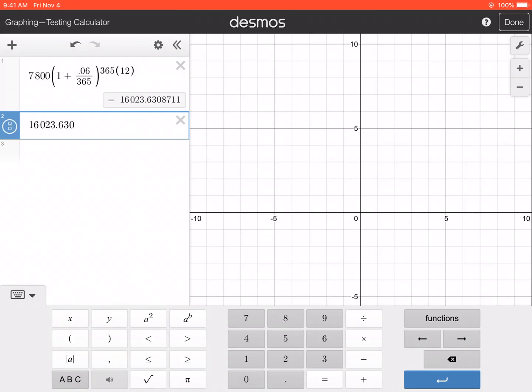Okay, money goes out 2 places, but we need to look at that third place to see if we round. 0. Is 0 big enough to push the 3 right in front of it up to a 4? No, it's got to be 5 or higher in order to do that. So your answer is $16,023.63.